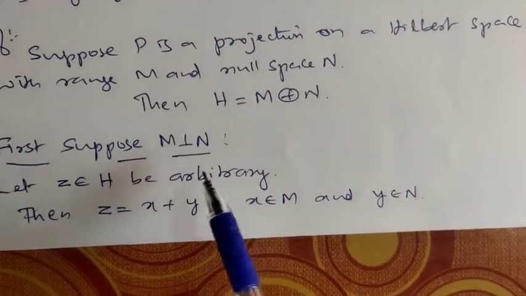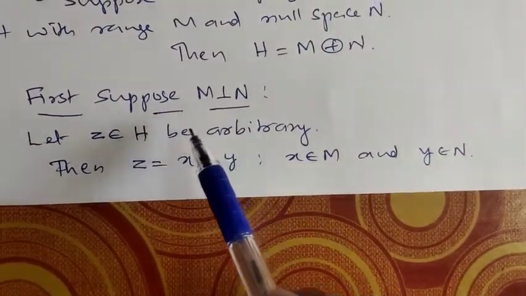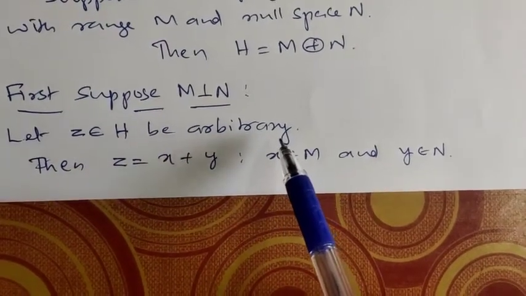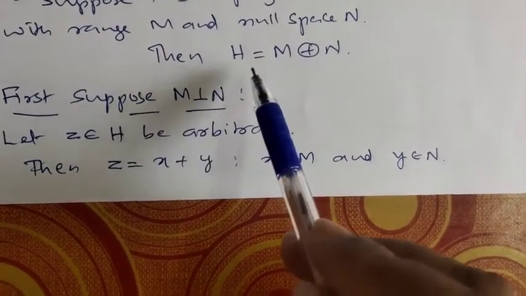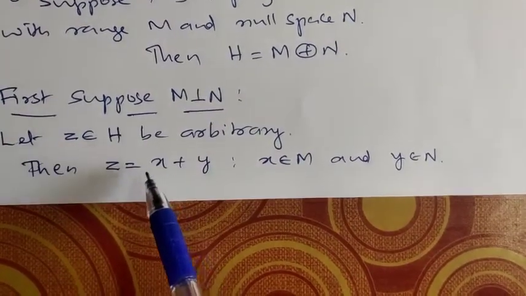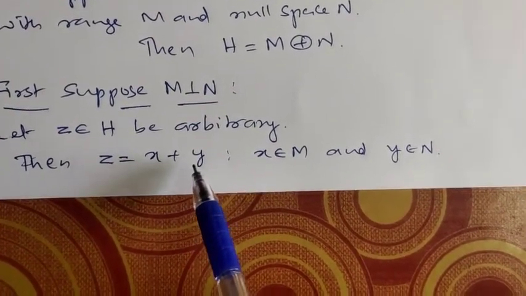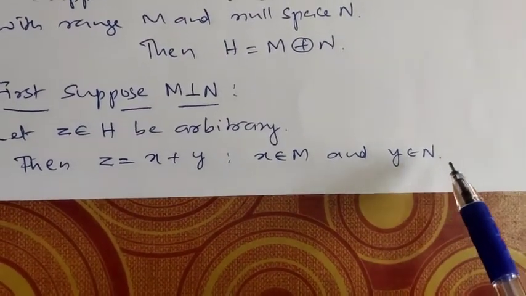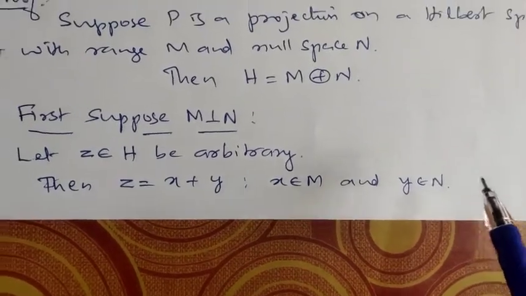Now take z belonging to H, any arbitrary point. Since H is the direct sum of M and N, this point z can be written as z is equal to x plus y, where x is an element of M and y is an element of N.